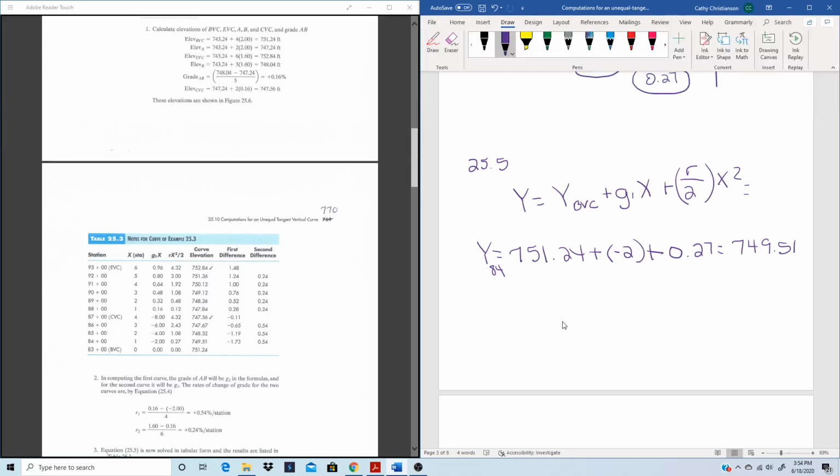Alright, so this one I'm going to do for 85. Station 85 is 2 stations from the beginning vertical curve, so my x would be 2. Then I have g1 times x, so that would be 2 times the negative 2, because that's your percentage, so that's going to give me a negative 4. And then rx squared divided by 2.